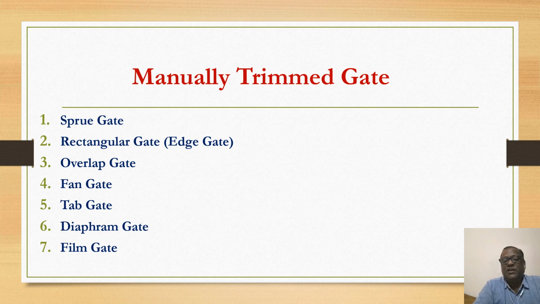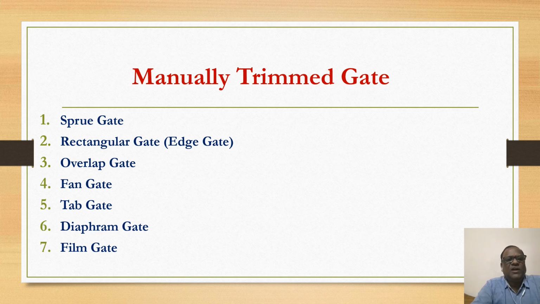This one comes under the category of manually trimmed gate. That means once your cycle is over, you have to detach your feed system from your original part, so you have to trim it manually.